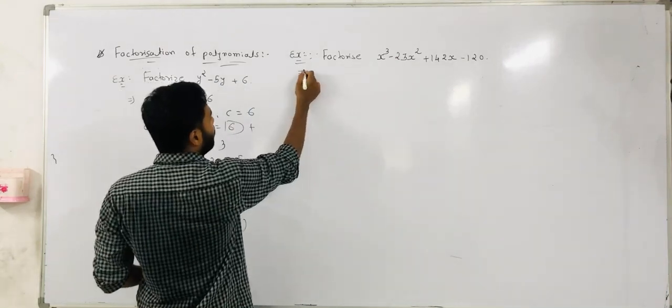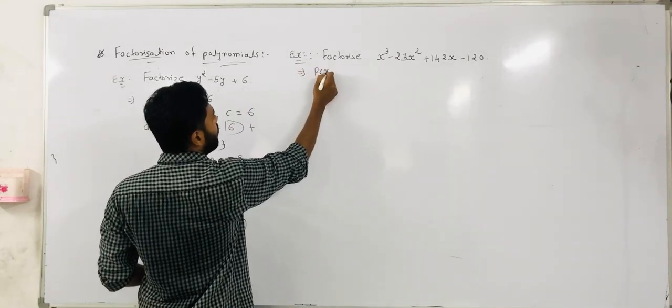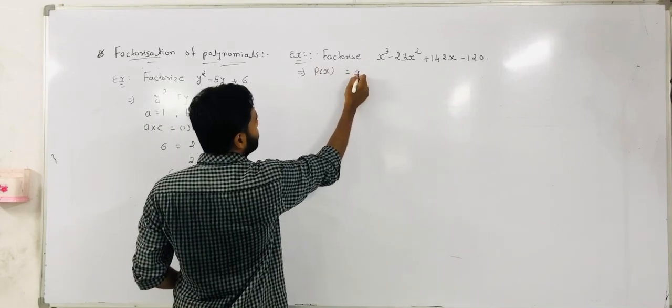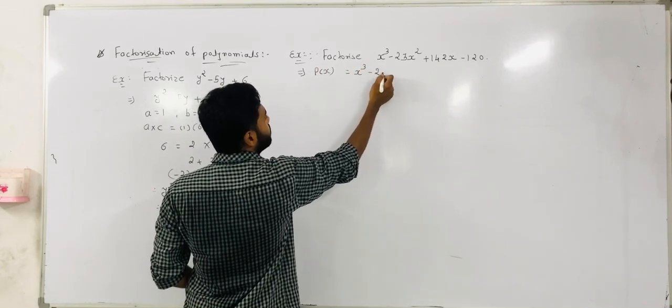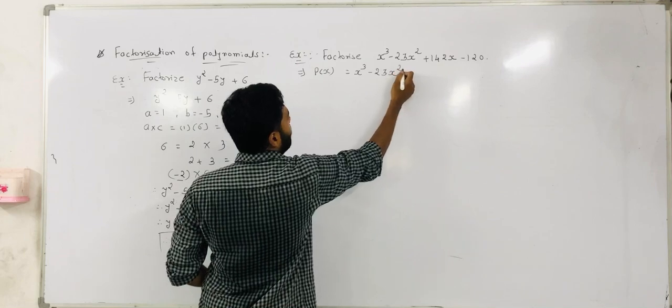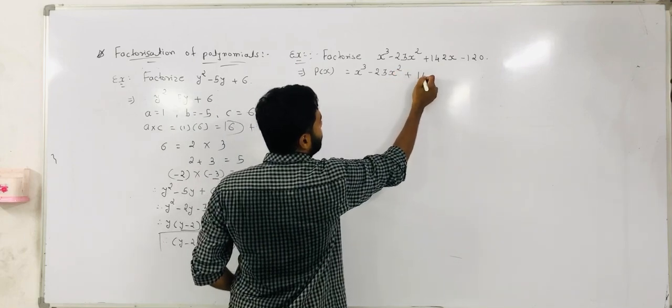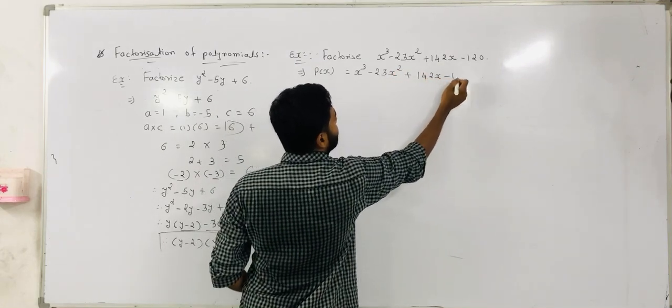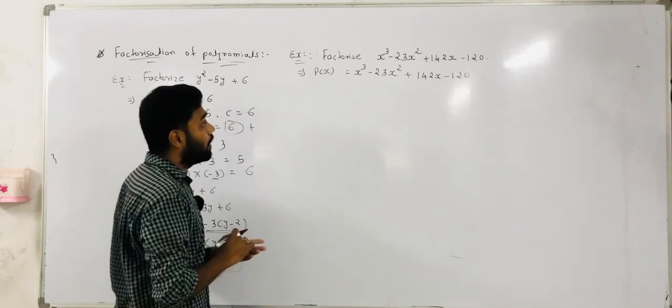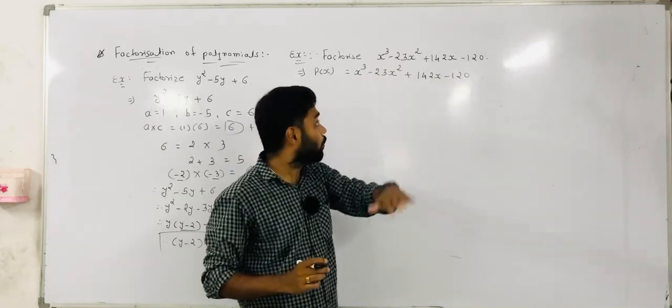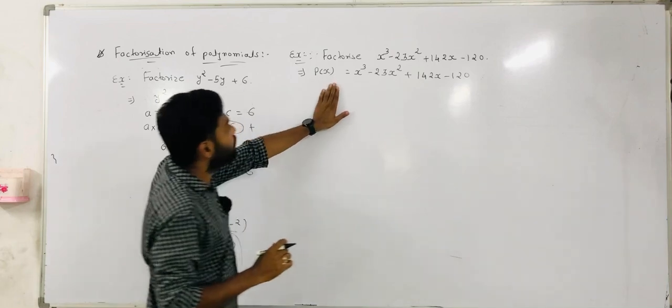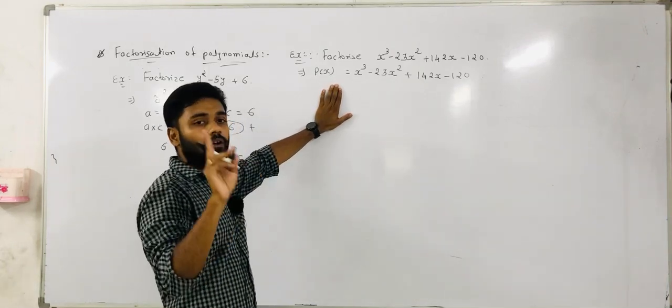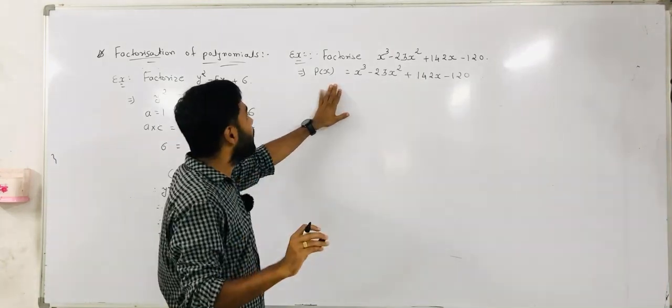First of all, your given polynomial p of x is x cube minus 23x square plus 142x minus 120. If you are given a cubic polynomial, first you have to find one common factor. That is very easy.